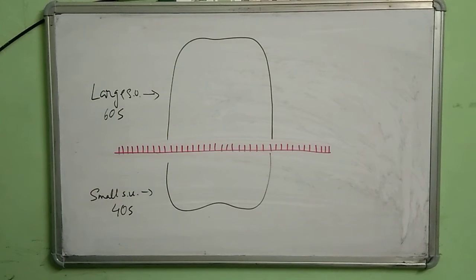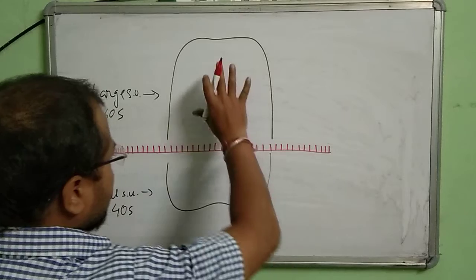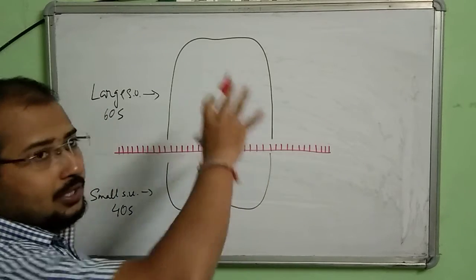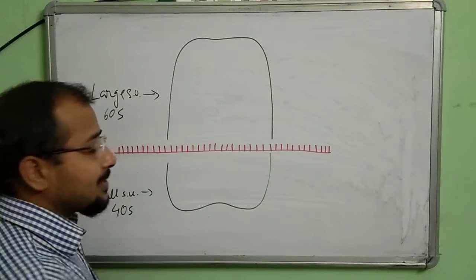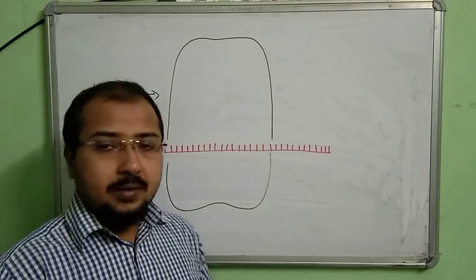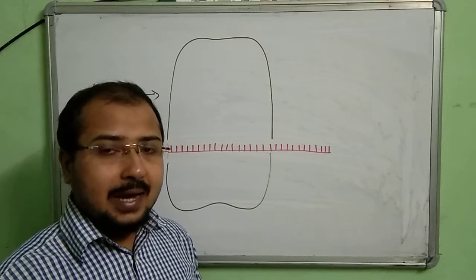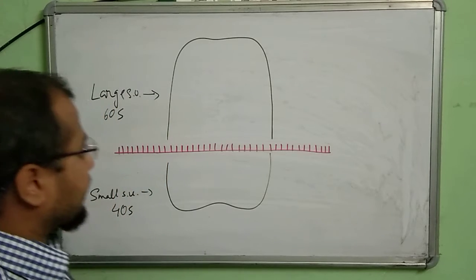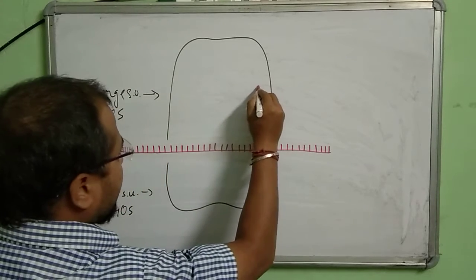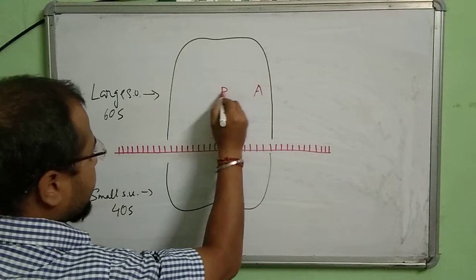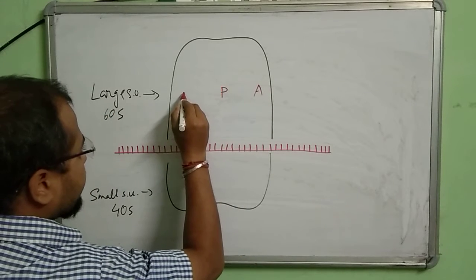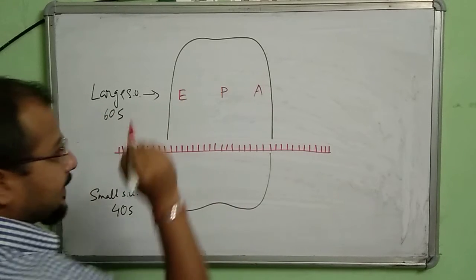Now the important thing is that in this structural unit, the large subunit of the ribosome, it has three sites: A site, P site and E site. This is the A site, this is the P site and this is the E site.